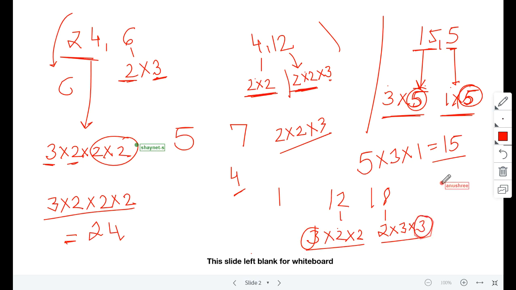Yeah. So write down 3 here. Then 2 and 2 are common, you can see. Yeah. So write down 2 here. Now 2 is not common, so write 2.